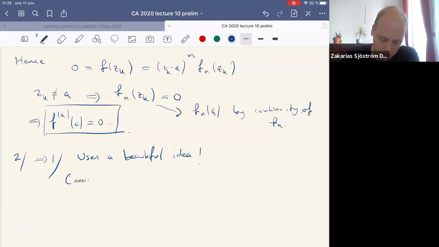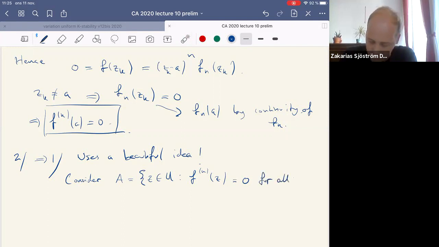So the very classical idea is that we consider, so I will write down this line, and then I will ask if someone has seen this kind of proof before. I guess you might have. So let me write A for the set of all the points Z where these derivatives vanish. But not only where they vanish, but where they vanish for all positive integers.